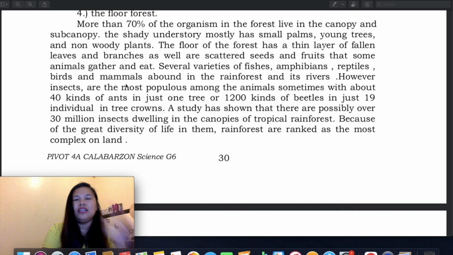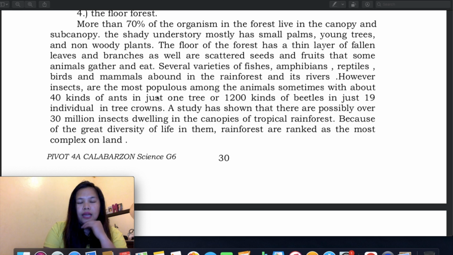So abound in the rainforest are its rivers. Okay, dahil ang rainforest, siya yung nagbibigay din sa atin, aside from nag-produce siya ng oxygen, siya din yung nag-produce ng water. So, siya yung nag-create ng rivers, streams and lakes, mga anyong tubig.